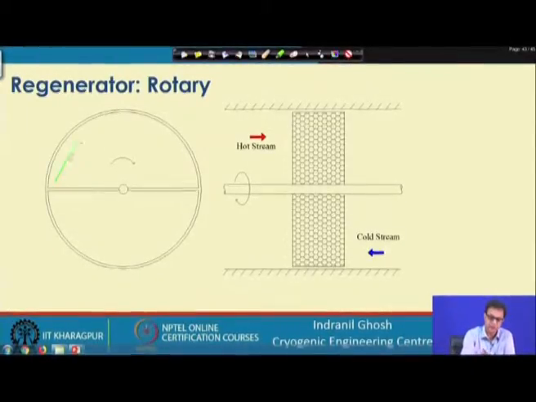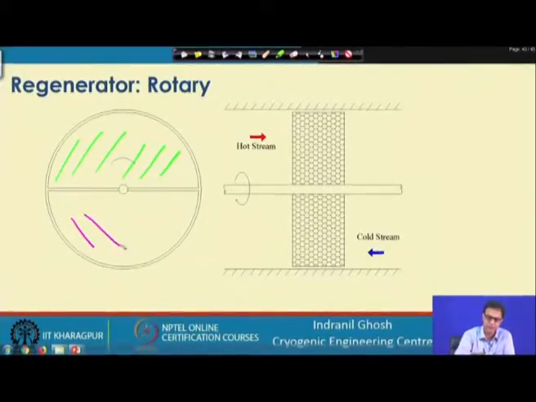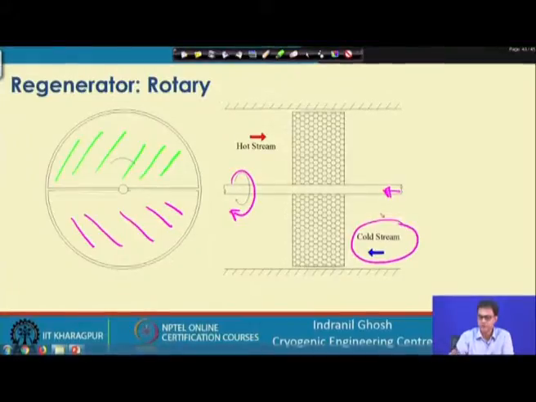Here we see this is the matrix and the other part of the matrix is this one, and it is continuously on a shaft, and this shaft is allowing it to rotate in this direction. Here we have the cold stream and this is the hot stream.